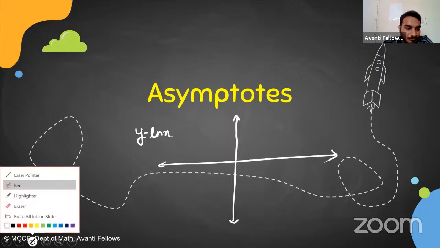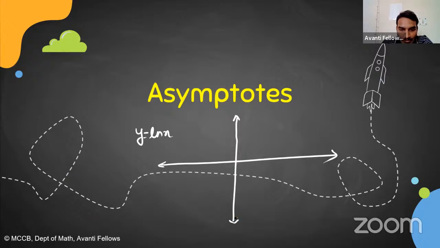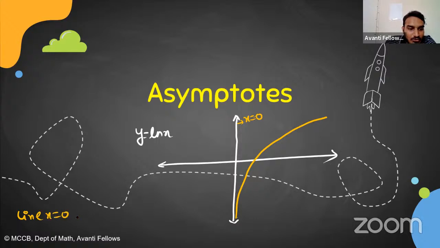It is like this, right? y is equal to ln x, right? And this line is the y axis, meaning x is equal to 0, right? So you can say that our curve y is equal to ln x is touching or intersecting with the line x is equal to 0, the y axis, at infinity.